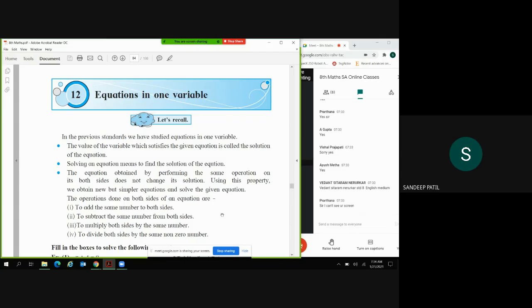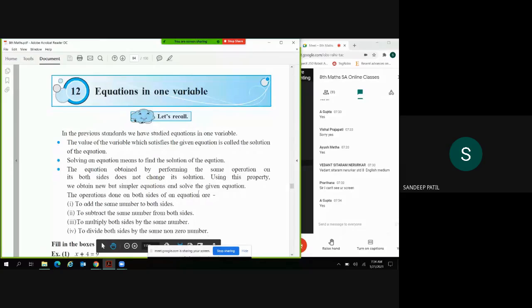Can you see my screen? I think someone posted that they can't see. There is some network issue going on, so that may be the reason. But I'm sharing the screen, so hopefully everyone is seeing it.